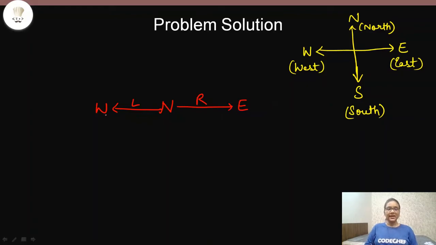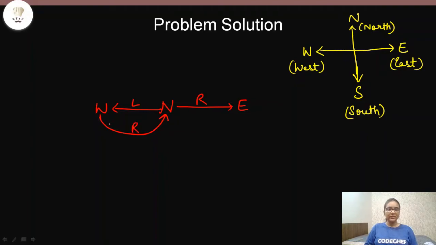Now from west, if the professor turns left or right, which direction will he be facing? From west, if the professor turns right, then again he will be facing the north direction. So we have gone from north to west with a left turn, and then from west with a right turn. If you turn towards the left side and imagine the right turn, you will go to the north direction.